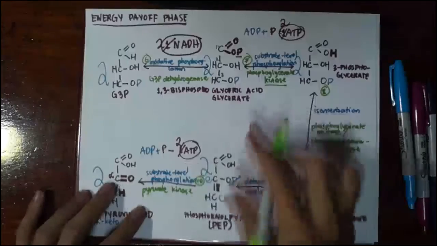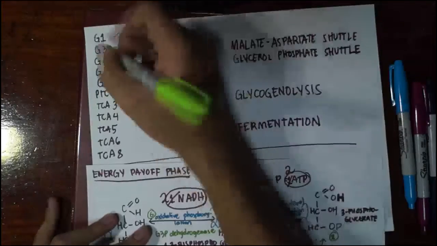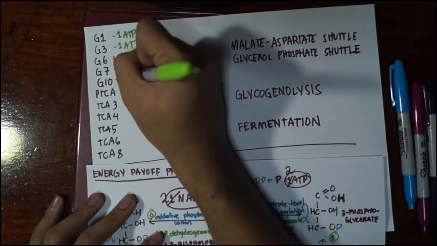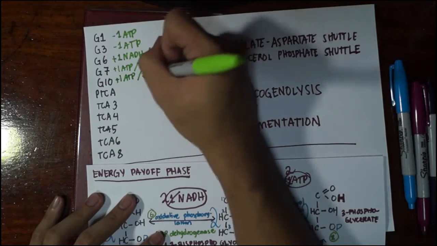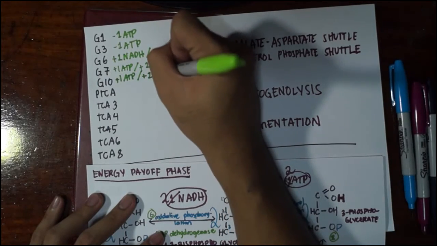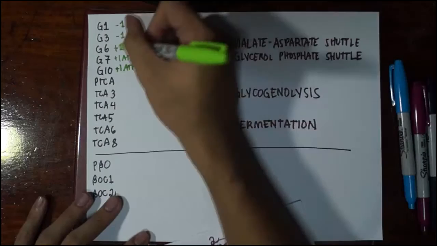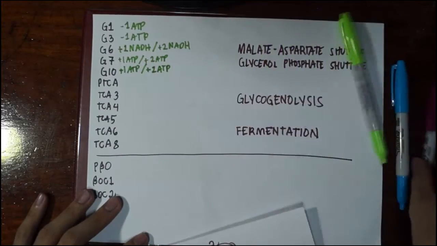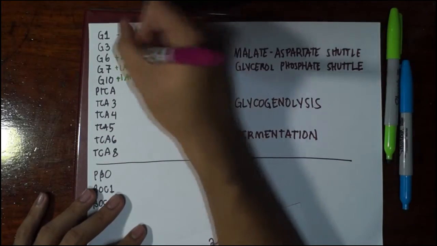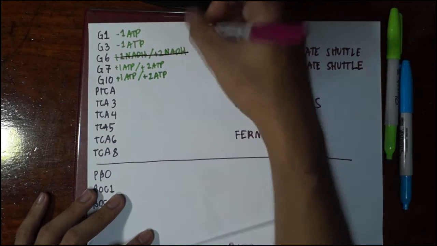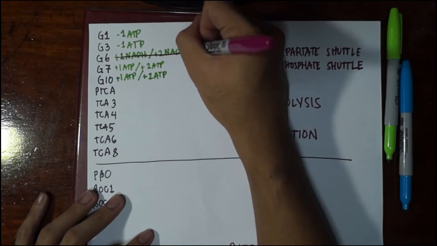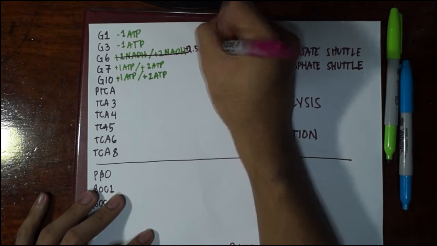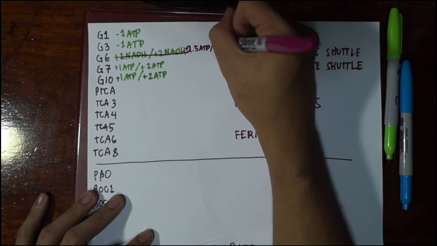Then in step number 10, another ATP. If you have 2 moles of GTP, that's 2 ATPs. And if we have NADH here, we would translate that to how many ATPs? That's 2.5, right? So it's either plus 2.5 ATP or plus 5 ATP.